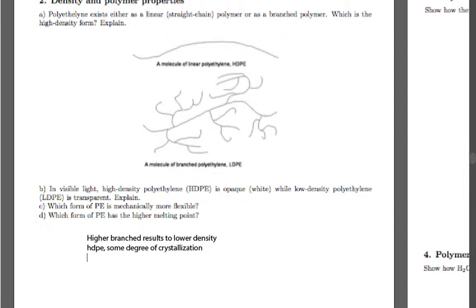Which form of PE is mechanically more flexible? I would say LDPE, because for the branched one they could be tangled up, which means they could have a harder part. Then which form of PE has the higher melting point? The higher melting point is HDPE.